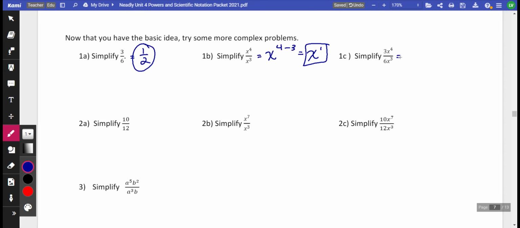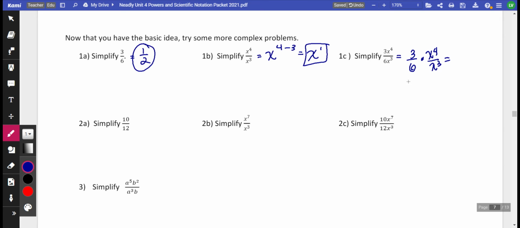Well, you know what? I was able to do 3 divided by 6, and then x to the 4th divided by x to the 3rd easily when they were separated by doing 1a and 1b. 1c is just taking 1a and 1b and combining them. So to show that work, I would do 3 divided by 6 times x to the 4th divided by x to the 3rd.